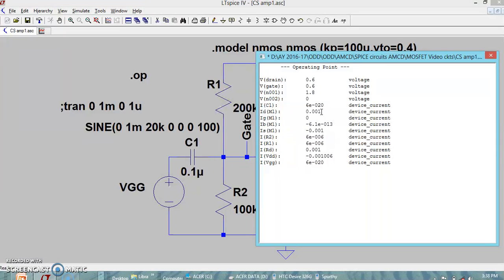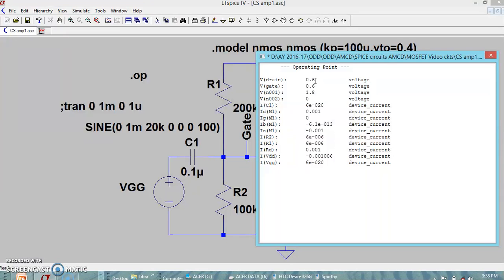Why the current has not changed is, we know that in the output characteristics of a MOSFET, when the MOSFET is operating in saturation region, the drain current ID is independent of VDS. In the previous case, the VDS was 0.8, it was 1 milliampere. Now it is 0.6, it is still 1 milliampere. As long as this is more than 0.2 volts. How do we get the 0.2 volts?